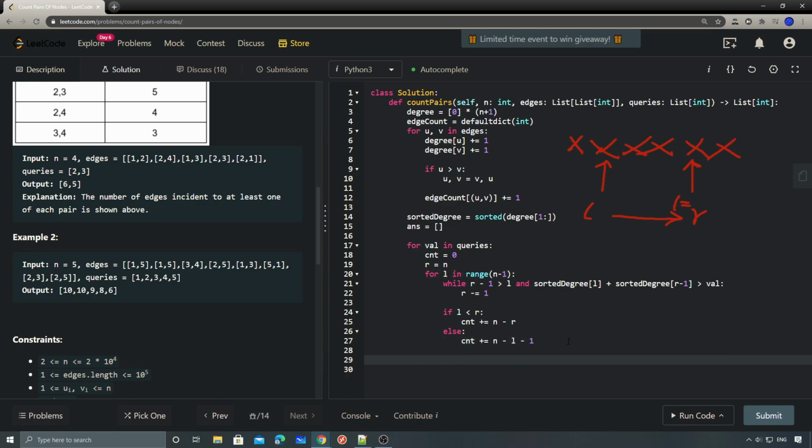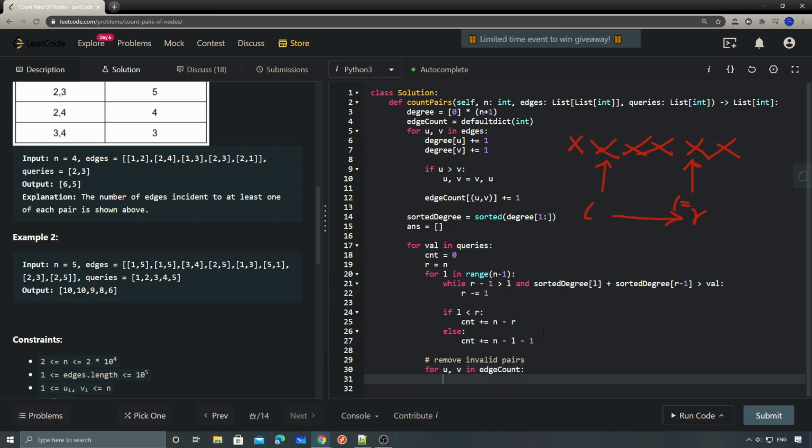And then the next step is that we adjust and remove invalid pairs. To remove the invalid pairs, like I said, only the pairs that have a common edge could potentially affect the count here. That's why we can simply use the edge count to do the adjustment.